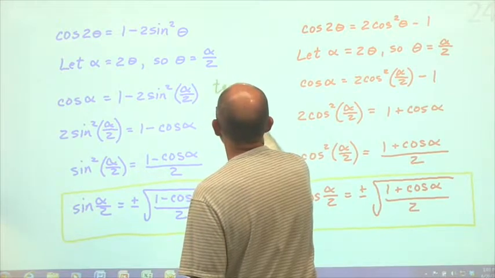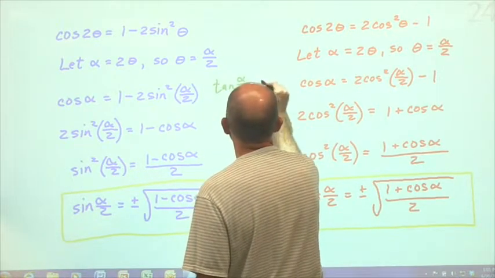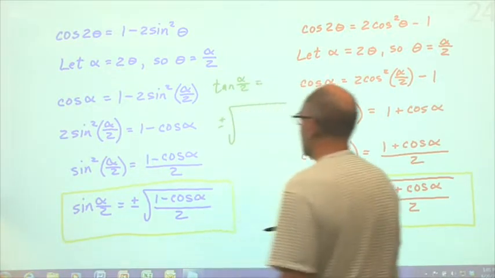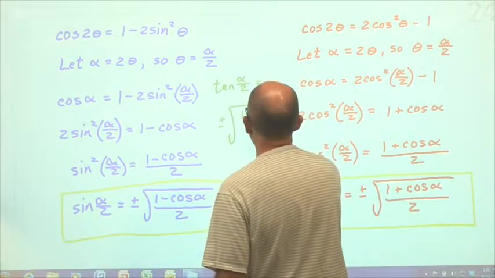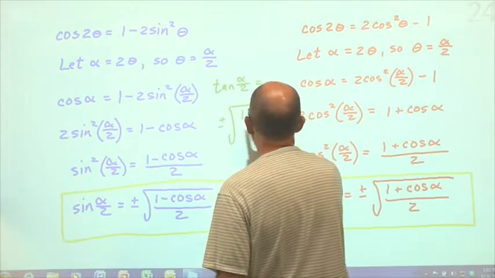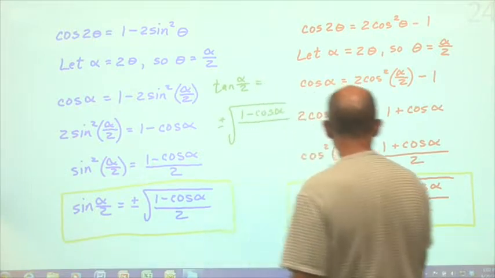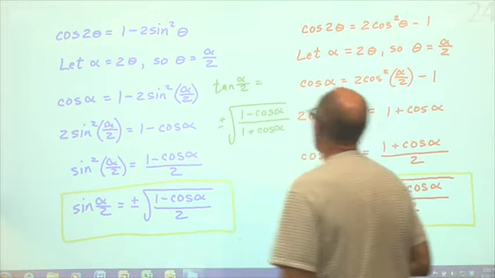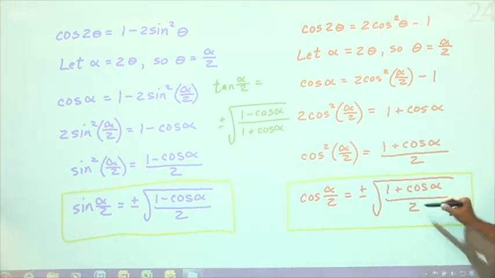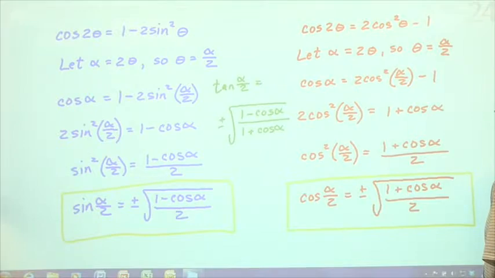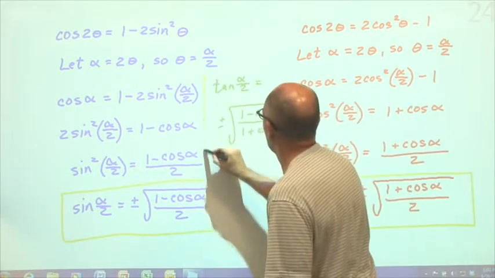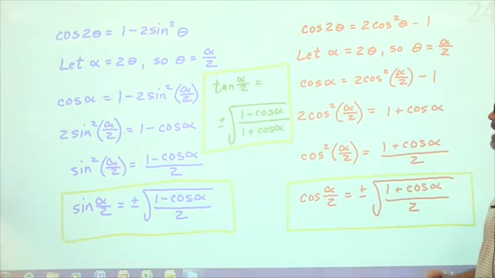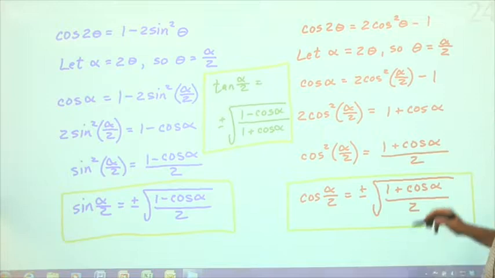So tangent of alpha over 2 equals plus or minus the square root of sine, which is 1 minus cosine alpha, over cosine, which is 1 plus cosine alpha. And notice the 2's cancel. So there's our third half angle identity.